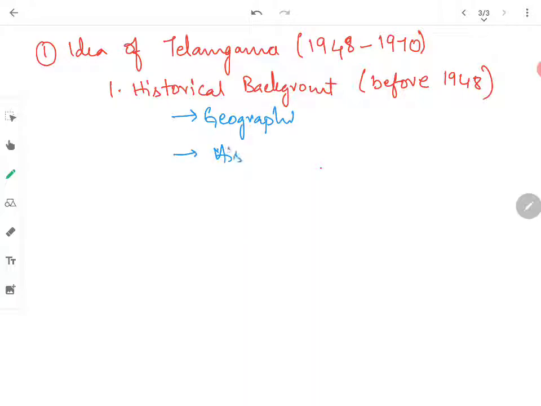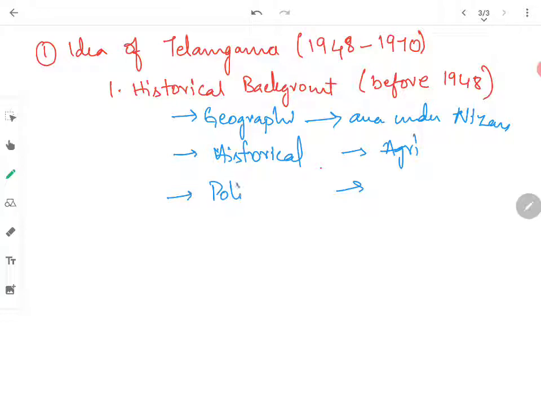Geographical conditions cover the area under the Nizam, agricultural issues, etc. Then come the political conditions, that is administrative conditions: decentralization, centralization of administration, and different kinds of reforms in political administration before 1948.